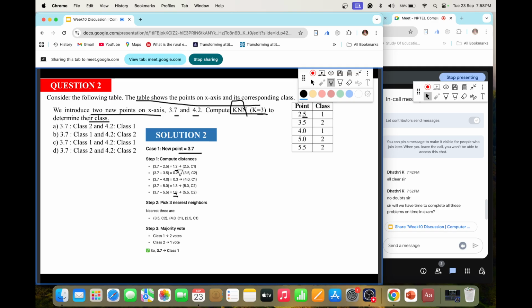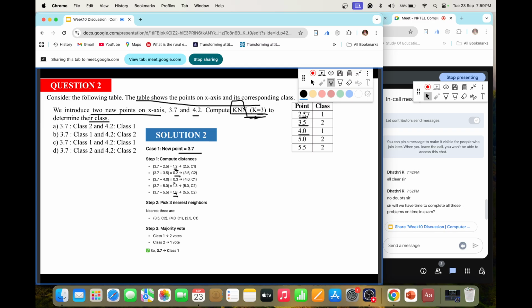Now from these distances, as K equals 3, you have to see the 3 nearest neighbors. So what are the 3 nearest neighbors? 0.3, 0.2 and 1.2. These are the three nearest distances. So that is this point, this point and this point.